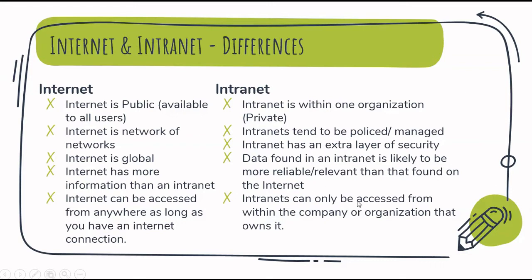Also, the intranet can be accessed only from within the company or organization that owns it. So, for example, some of your parents who are working in Ooredoo or the ministry, when the offices were shut down during lockdown, you might have noticed that they were back at home and they were connecting to the intranet of their office and working on the computer there.